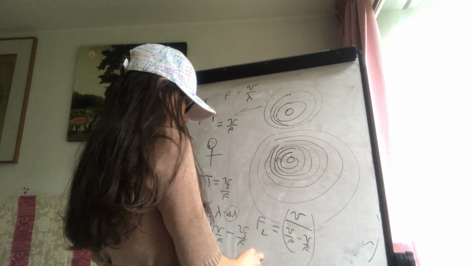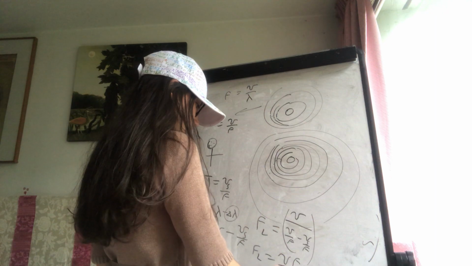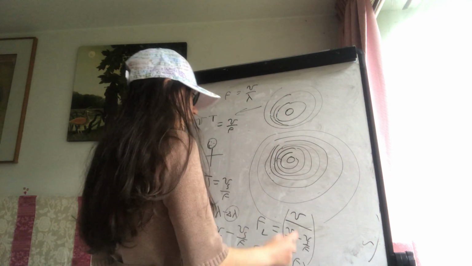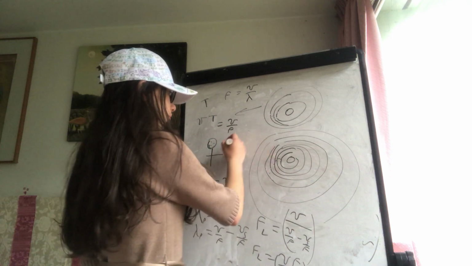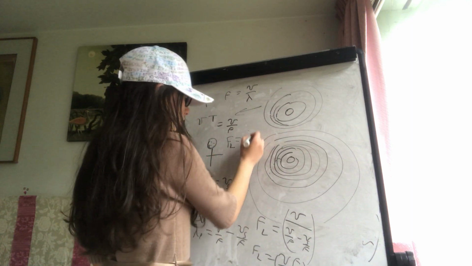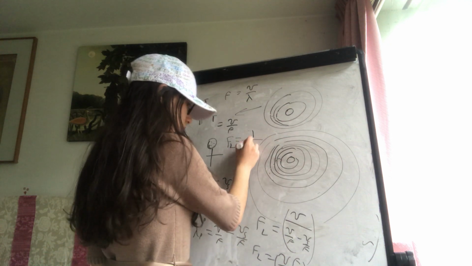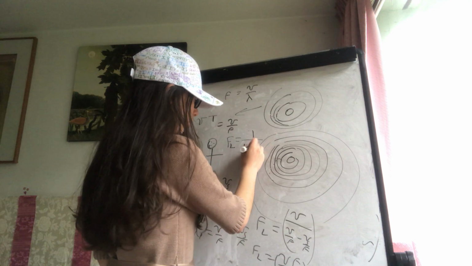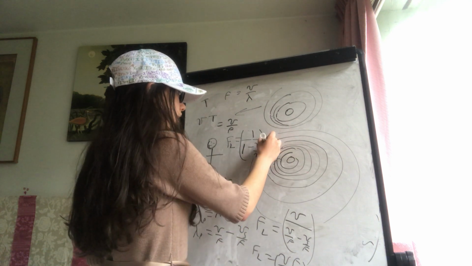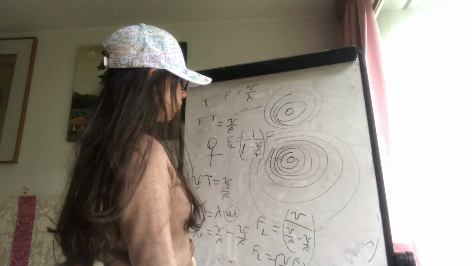So it will be v times f divided by v minus v sub s, or f sub listener is 1 over 1 minus the velocity of the source divided by the velocity of propagation of the wave, times the frequency at which the source is emitting the sound waves.